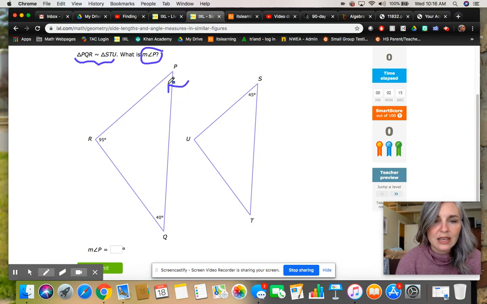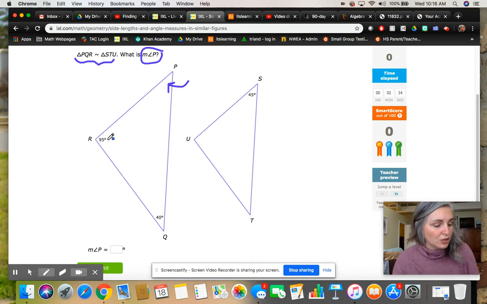I think with this problem you don't really even need similar figures, because of what you know about triangles, right? We know that the measures in a triangle sum to 180 degrees.